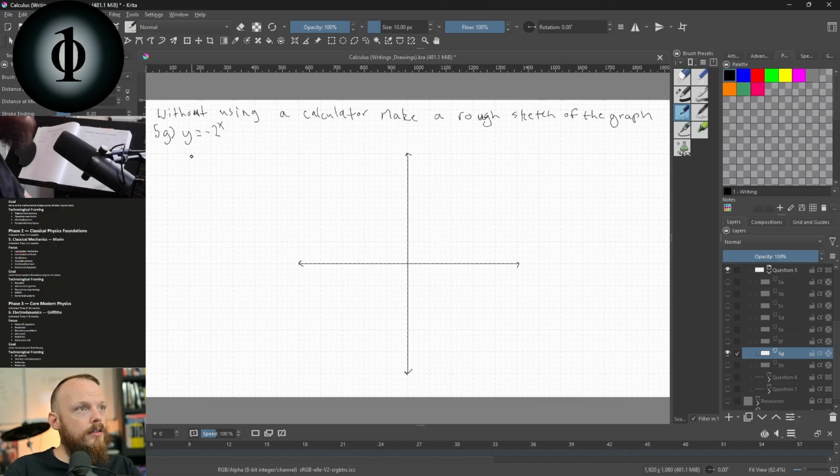Negative 2 raised to the x. I want to see something. Okay. What do we got? So, damn it. x is 0, y is negative 1.